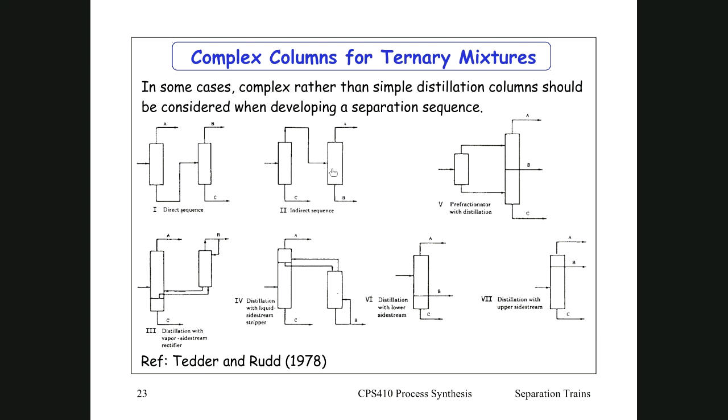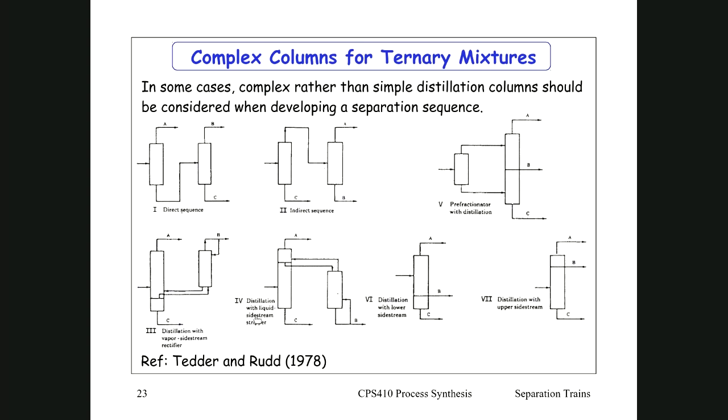So these authors from 1978 took ternary mixtures with various relative volatilities and various flow rates, and did this calculation of capital cost and running cost, and found out which of these 7 types of distillation column was best. Here is a pre-fractionator, distillation with a side stream rectifier, and so on.